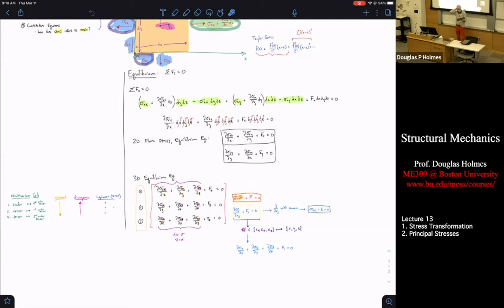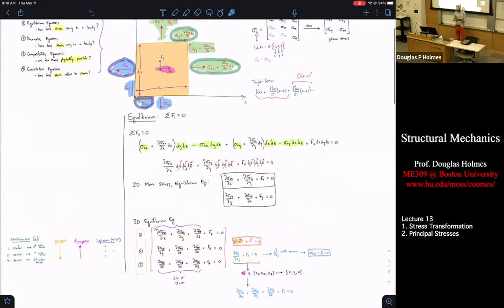But I first want to set up a problem here. These are the equations of equilibrium. They make sure that all the forces acting on this object are balanced.